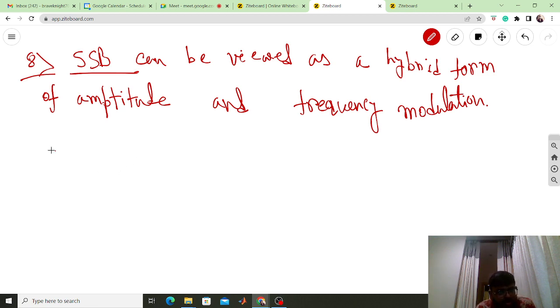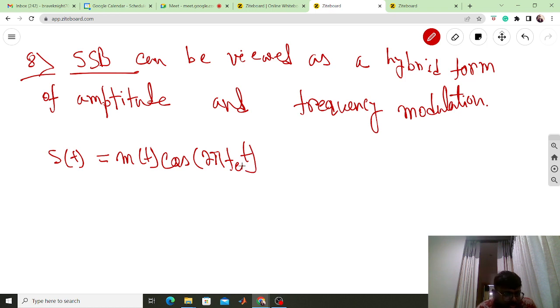So why? Because this ST can be thought of as MT cos 2 pi fct plus or minus the Hilbert transform of MT into sine of 2 pi fct.